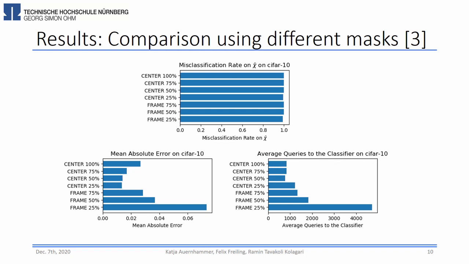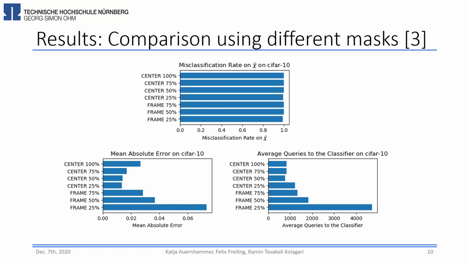By the way, then we see that the mean absolute error and the average number of queries to the classifier differ significantly. The mean absolute error is reduced for some masks. We can see that the frame masks perform overall worse than the center masks. And the best center mask seems to be the 50% center mask, even though it has a slightly higher mean absolute error than the center 25% mask. It still has a higher misclassification rate, as the center 25% mask has a tiny, slightly worse misclassification rate.